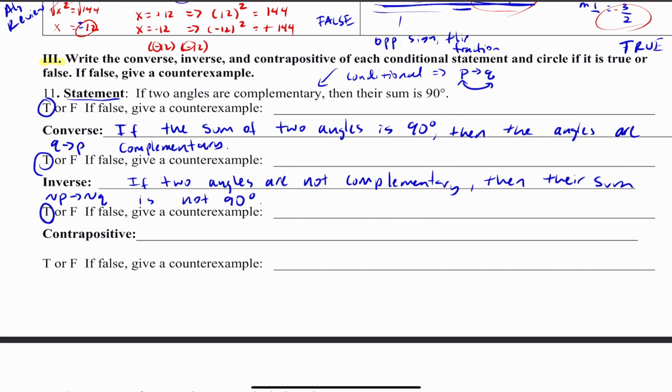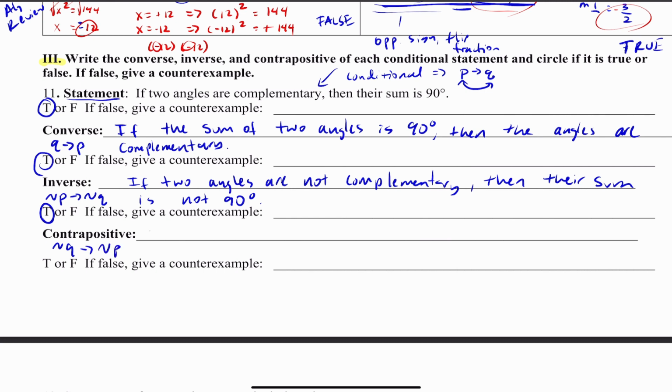Okay? And look at this. Because it's a definition, this is true, this is true, this is true. It's not always two true, two false. It can all be true. And since the inverse is true, then the converse has to be true. And if the conditional is true, the contrapositive has to be true. But let me go ahead and verify this. So the contrapositive is essentially not Q, then not P, right?